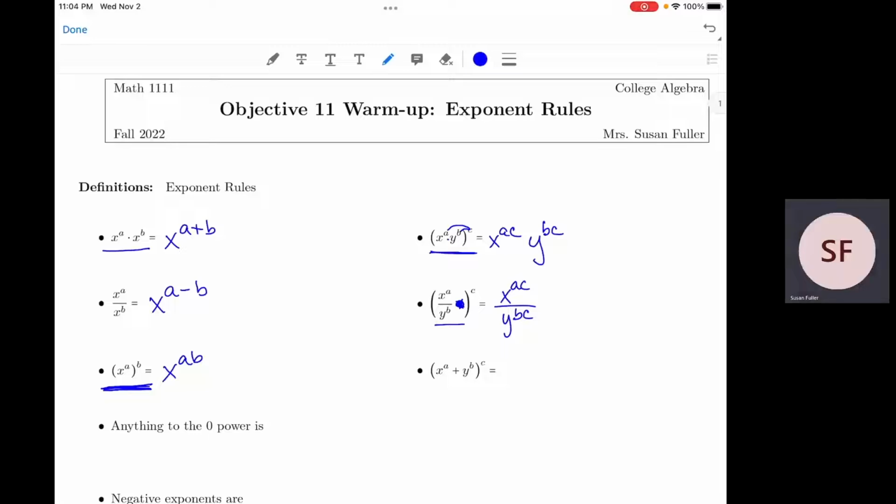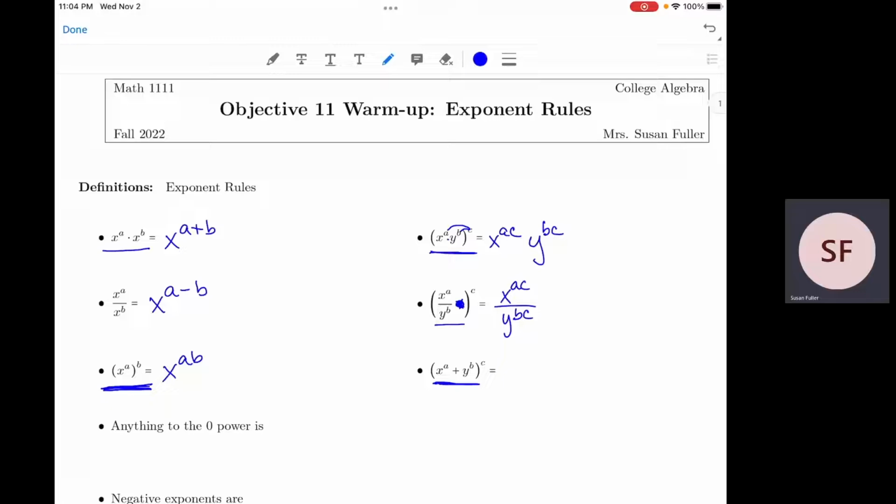Now, what if you have addition inside a quantity like this one? Can I distribute that exponent c to everything inside? The answer is no. You can only distribute an exponent when it's multiplication or division inside the quantity.